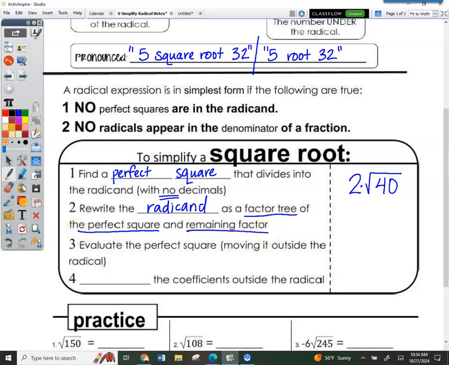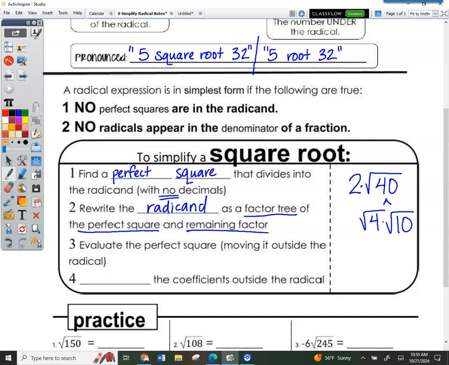So here we go. The square root of 40 becomes the square root of 4 times the square root of 10. See the factor tree forming? 40 breaks into 4 times 10. Can you see?